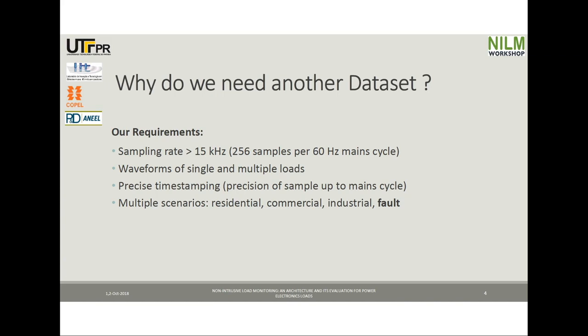We need precise time stamping, which means that when I record a waveform of current and voltage, I want to know exactly when a given load was turned on or off. Exactly for us means, in most of the cases, I would like to know in which sample of current the load was turned on or off.